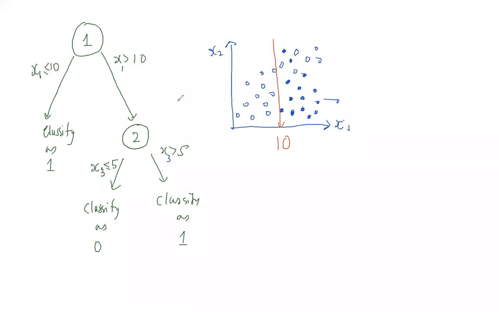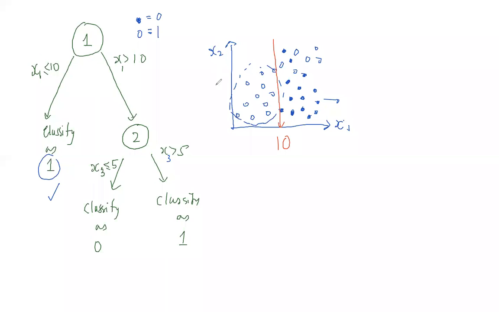Okay, so if you make a split like the red line here, right? So let's say this white, this empty one is 1, the filled one is 0, right? So this classification will be actually quite nice, all right? So anything 10 or below, you already classify as 1.